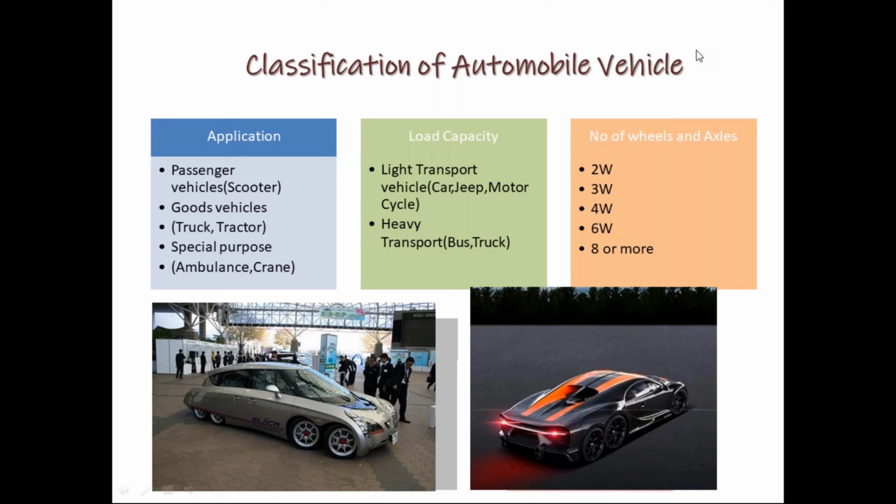If we move on to classification based on number of wheels and axles, we generally have two-wheelers, and there are different manufacturers for two-wheelers. Bajaj is there, Honda is there, so we have two-wheelers and their makes and models. Among three-wheelers, you may observe auto rickshaws; then four-wheelers, our regular usual cars; six-wheelers, eight-wheelers, and more.